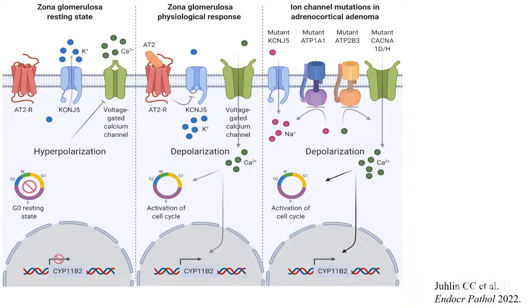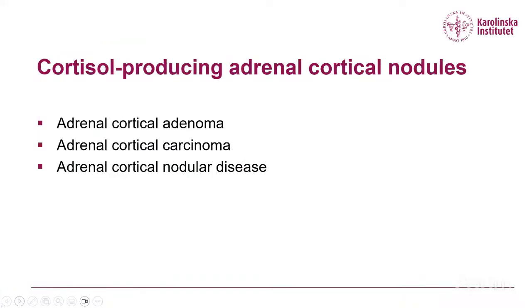So it's quite a neat way to show how these mutations cause tumors and aldosterone hypersecretion. And as I said, some of these voltage-gated calcium channels and potassium channels might be germline mutated in familial forms of this disease.